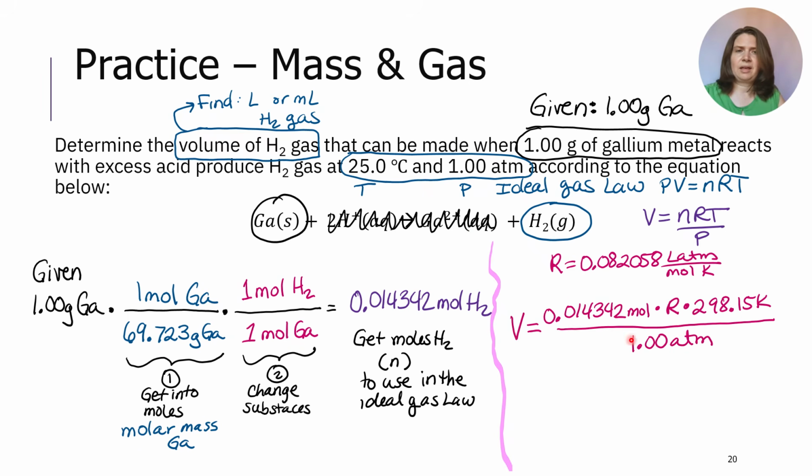Substituting in the values that we are given, and solving for volume gives a volume of 0.350897 liters, which is equivalent to 351 milliliters of hydrogen gas.